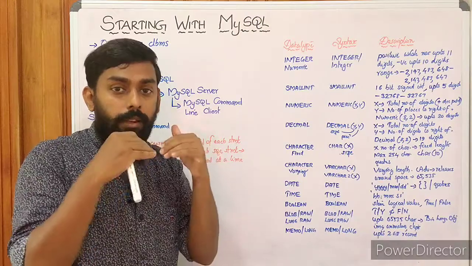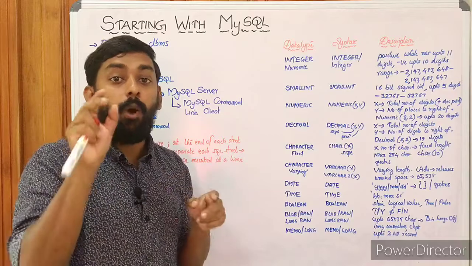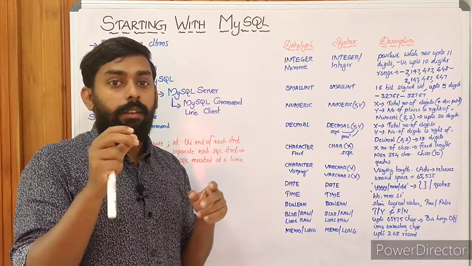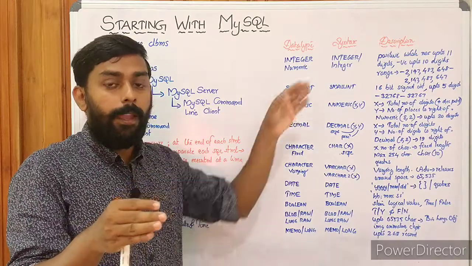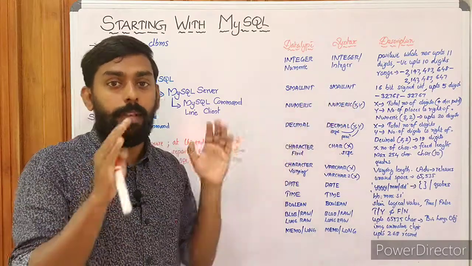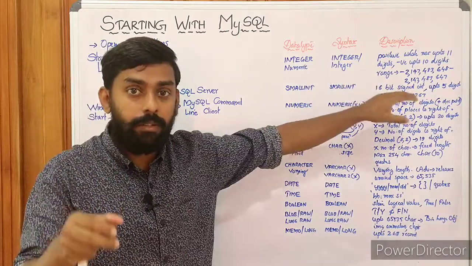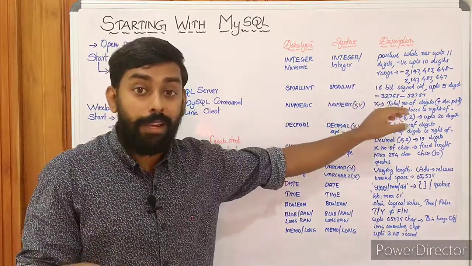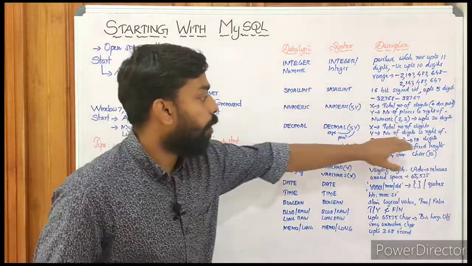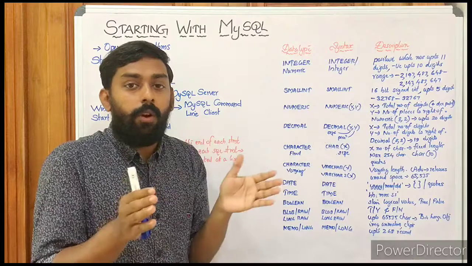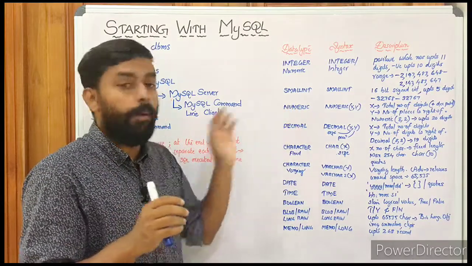X in both stands for the total number of digits, and y stands for the precision, that means the number of digits after the decimal point. Another difference is that numeric supports a maximum of 20 places, and decimal supports 19 digits. These are the differences between numeric and decimal.